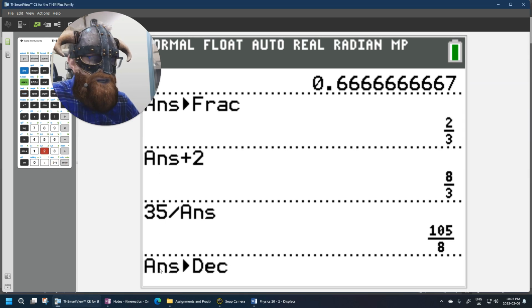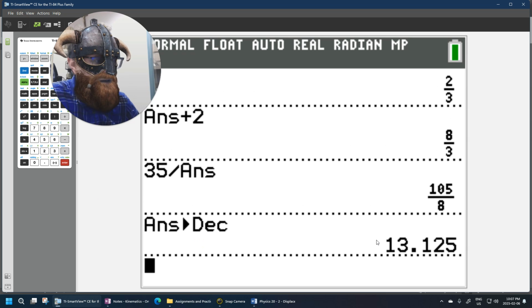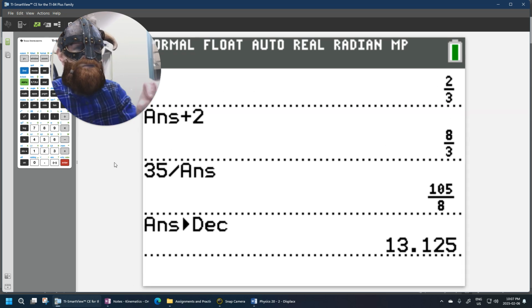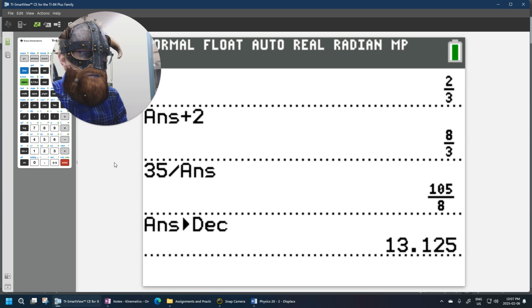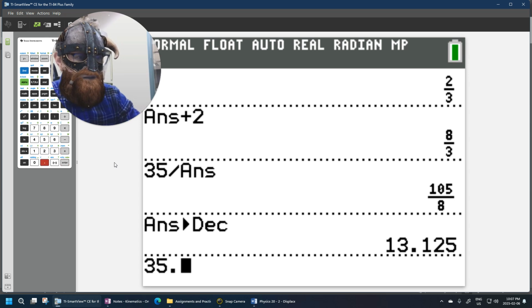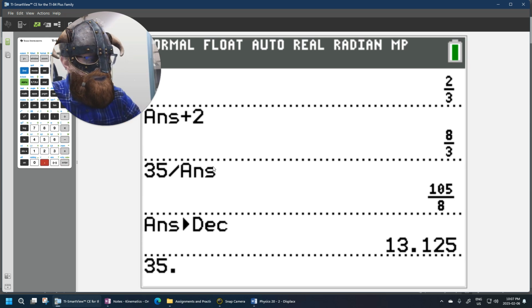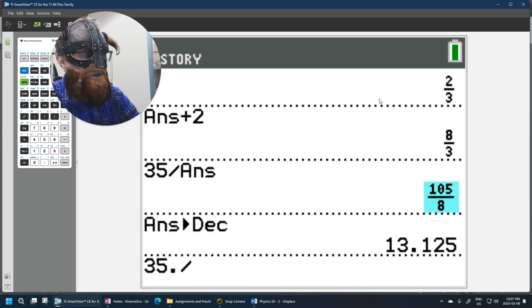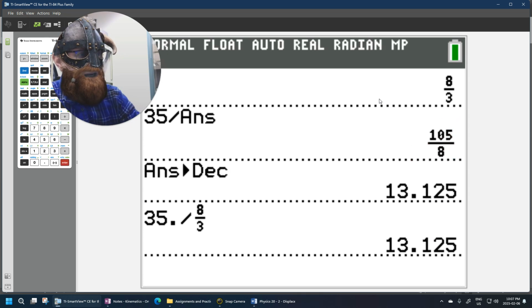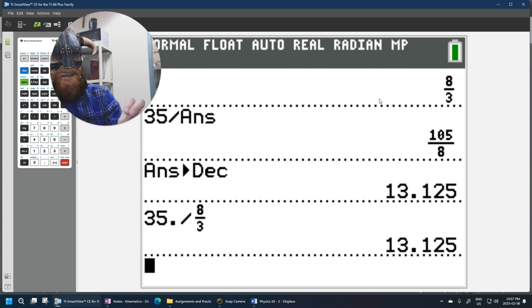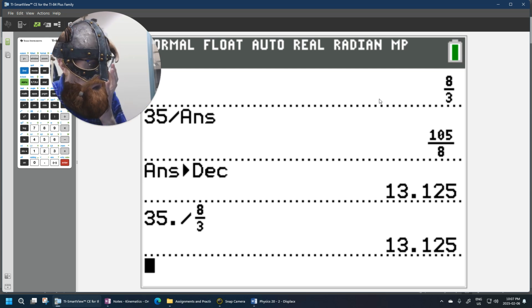So I hit number 2 there, and it's going to take my answer and change it to a decimal. Another way is you could just put a decimal into the question. Let's see if that actually works. If I did that and then divided it by that 8/3, yeah, it just spits out a decimal. So like I forced a decimal into it, and because I put a decimal in it, it's going to give me a decimal answer. So you could just do that instead if you wanted to.